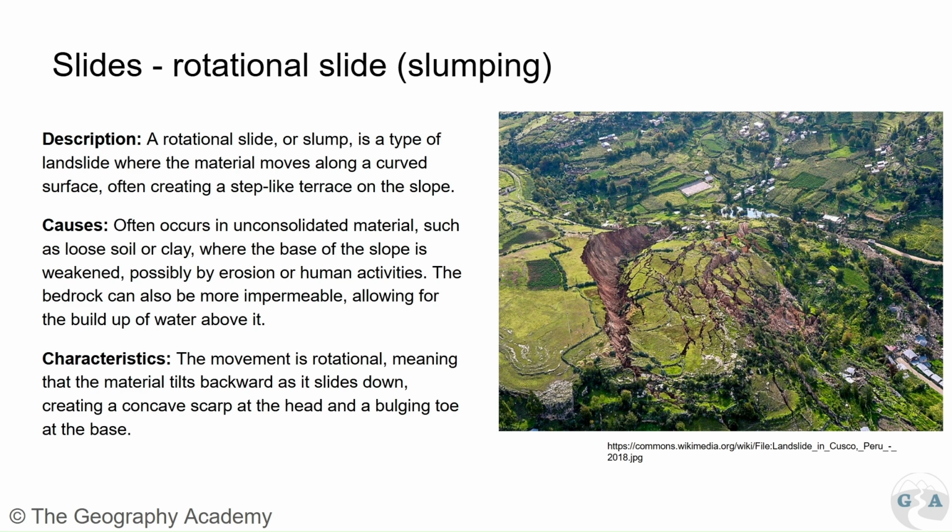Rotational slides are going to occur because you have an area potentially of like the slopes here. So inside that slope, you might have areas of permeable rock that's underneath, and we might see things like waterlogging occur, where a lot of moisture is going to build up over the permeable rock here. A lot of weathering is taking place, and perhaps erosion as well on the edges here.